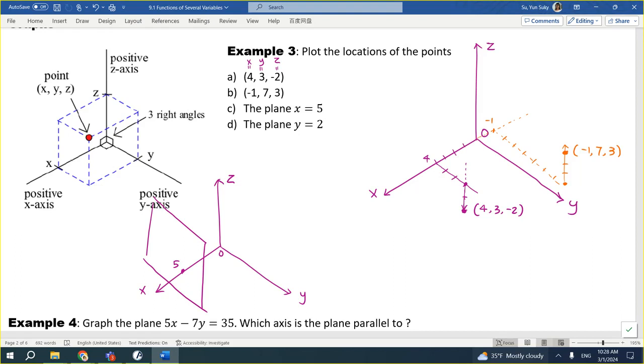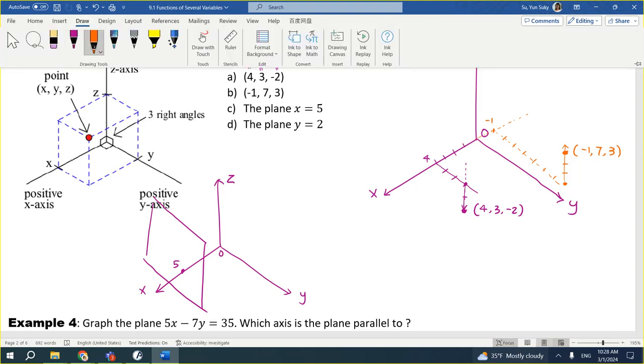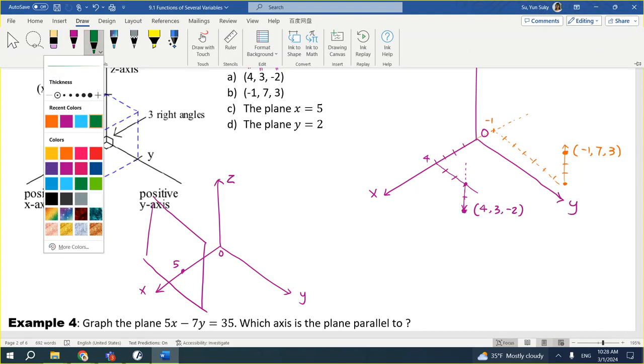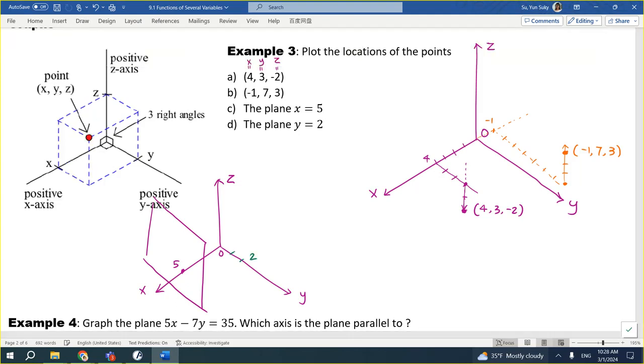Same grid. Okay. So let's do that. Okay, y is 2. So 2 is here. So you can imagine it's a plane that, well, let me draw it like this. It crosses the y-axis at this point. So it's perpendicular to the y-axis. Okay, everybody? Yes, so use your imagination.